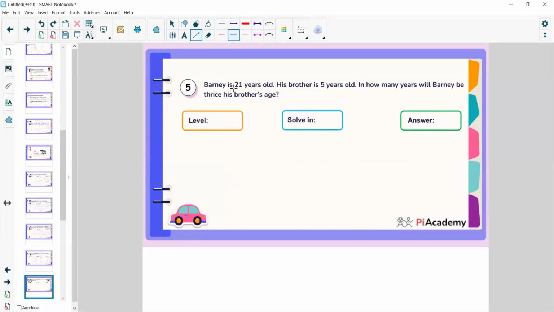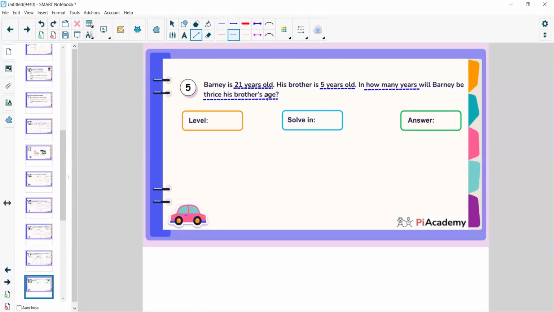Barney is 21 years old. His brother is 5 years old. Okay. In how many years will Barney be thrice his brother's age? Now, this problem is a bit different. Okay. Let's see this closely, what they are trying to ask.